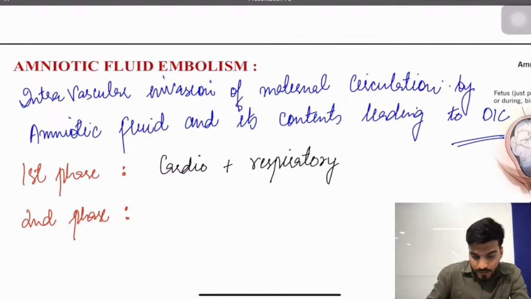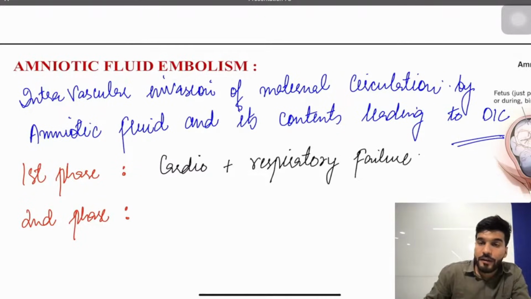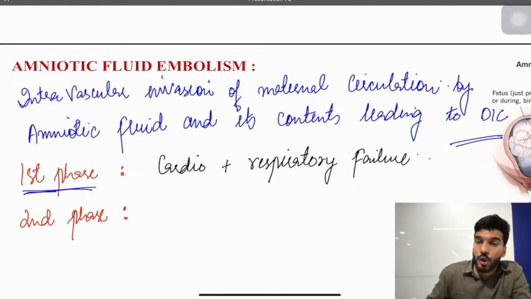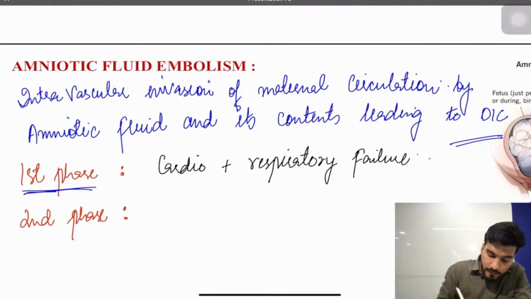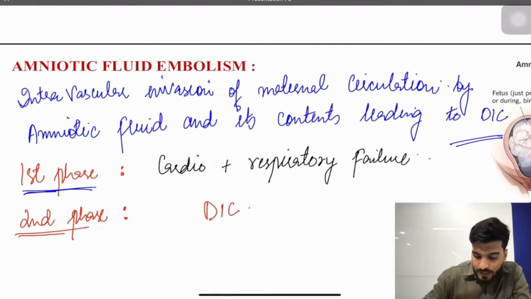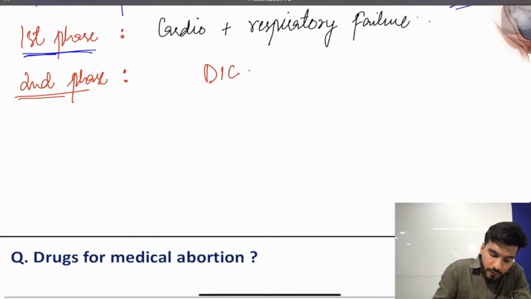Cardio plus respiratory failure. From the cardio point of view, the patient has hypotension, and for respiratory failure there is hypoxia. This is defined as the first phase of amniotic fluid embolism. In the second phase, as I've already discussed, there is a coagulopathy, so the patient has DIC. So remember the classical triad for the diagnosis.